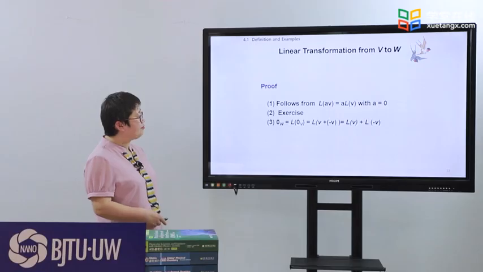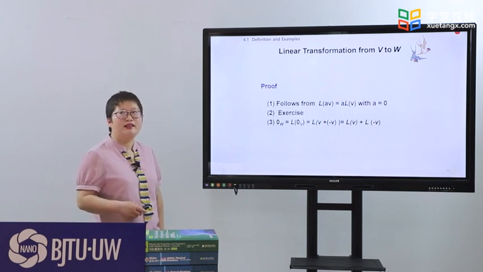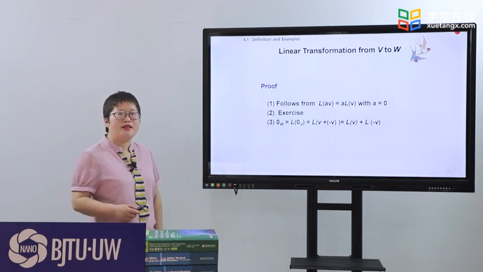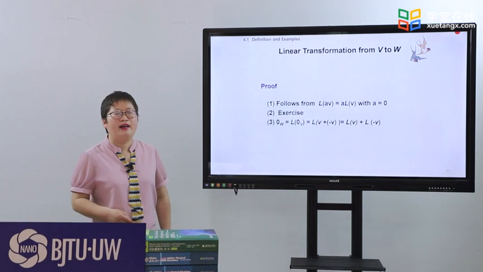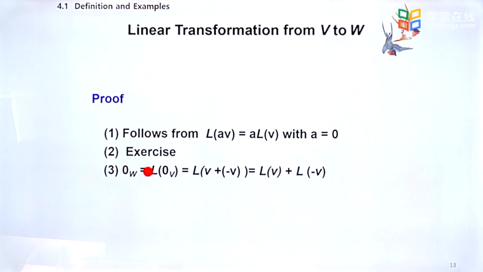Okay, and the second one, you can do this as an exercise, because it's very easy to show using mathematical induction. Okay, and thirdly, for this one, 0_W equals L of 0_V, which comes from the first statement.